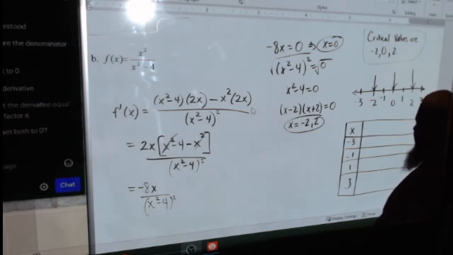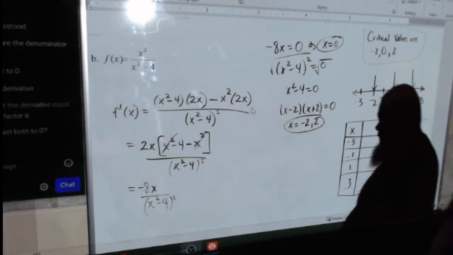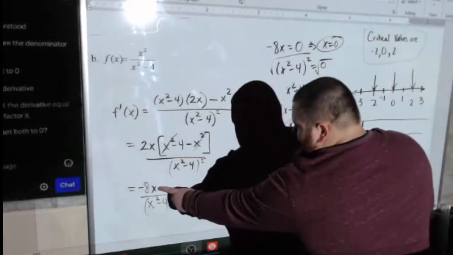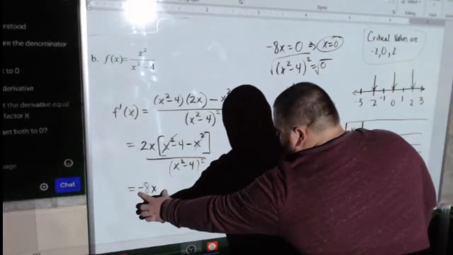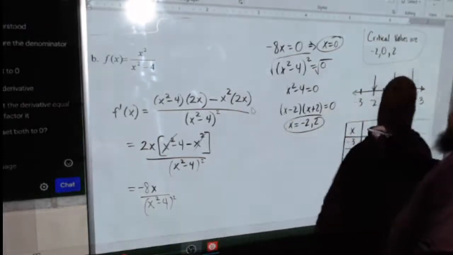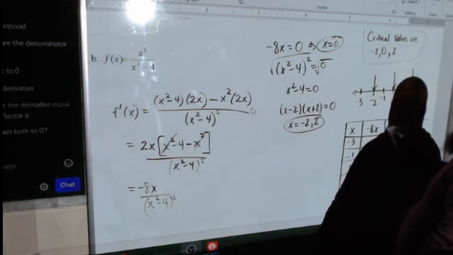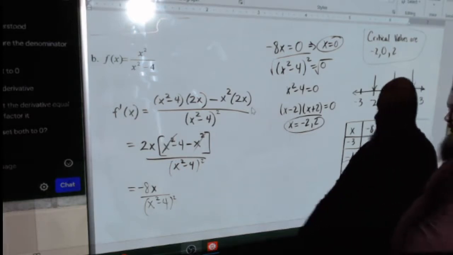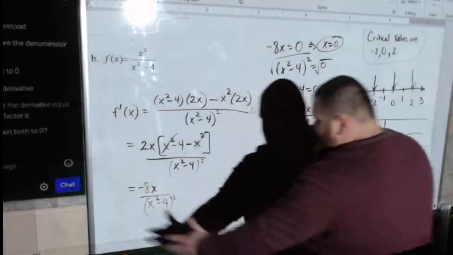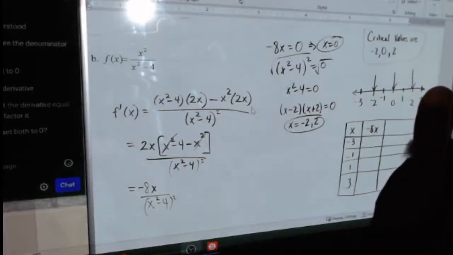Now I need to go back to my derivative. I'm going to break this up so that there are two parts. The two parts are the numerator, negative 8x, and you can do this however you like. You could do it all at once, just plug the number in, that's up to you. So I'm going to let negative 8x be one piece.